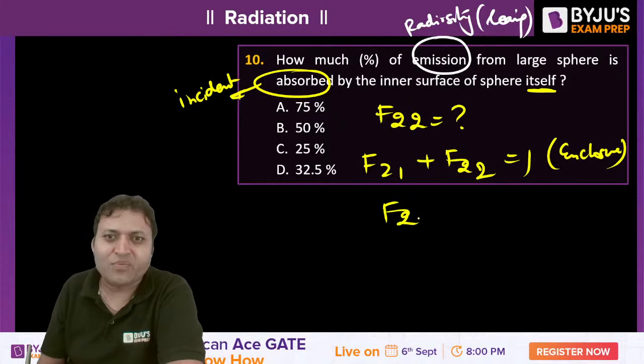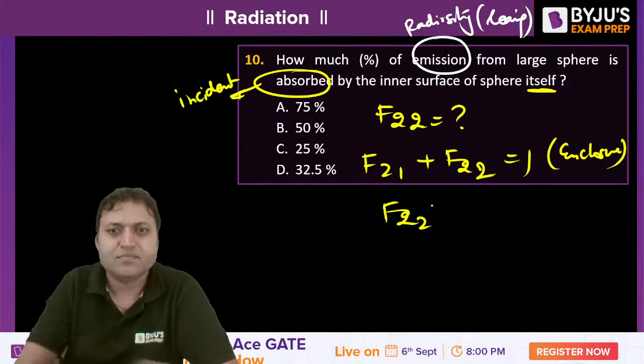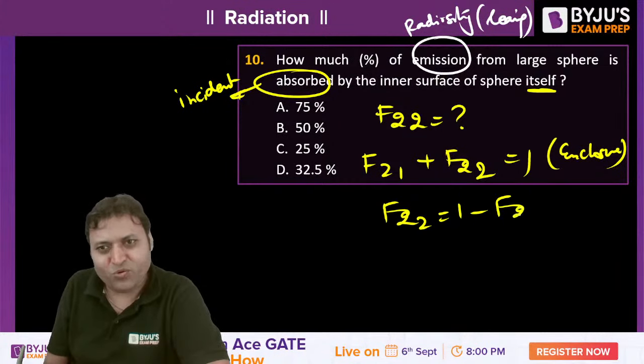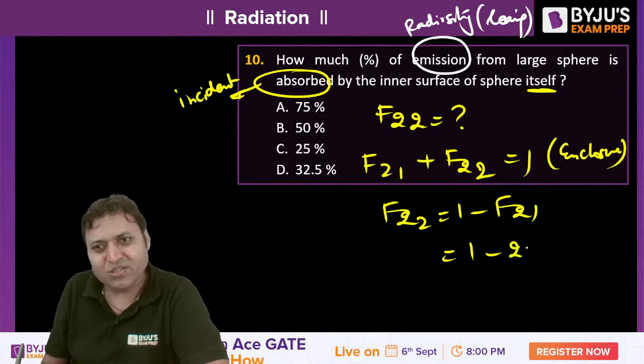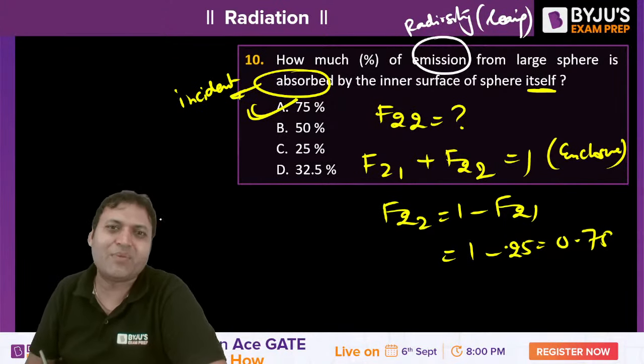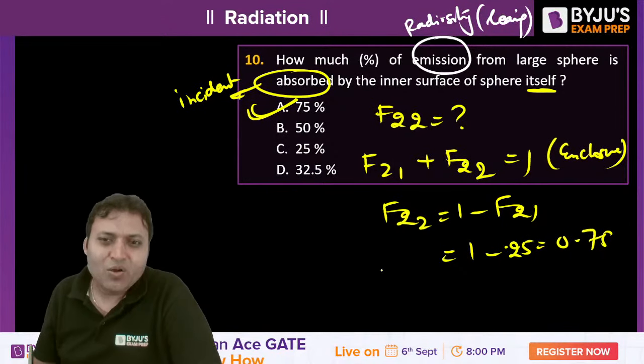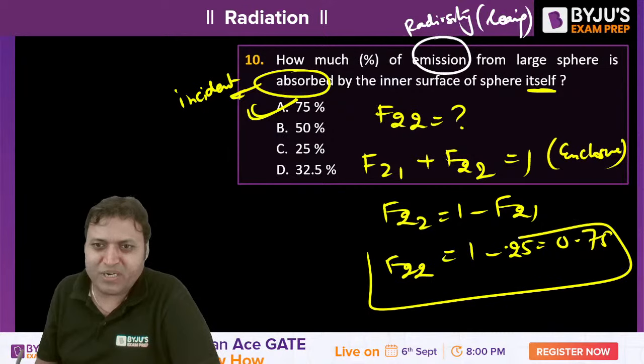F22 is equal to 1 minus F21. That is 1 minus 0.25, 0.75, 75%. Very simple. 75% will be the value of F22, 0.75.